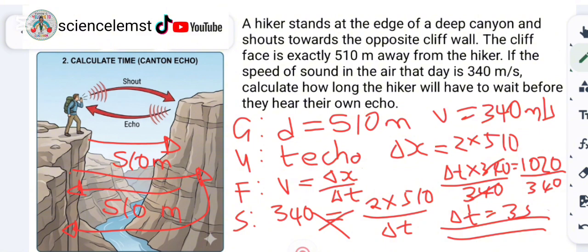Number 2, when you're calculating the time for the echo, the distance is always doubled. So it's either you are going to double the distance within the calculation, or you're going to double the final answer, the time that you get.